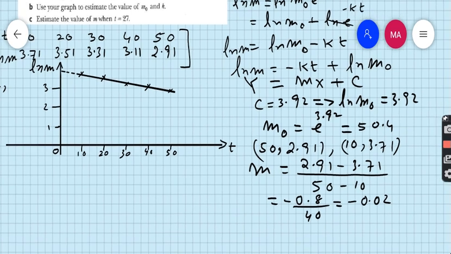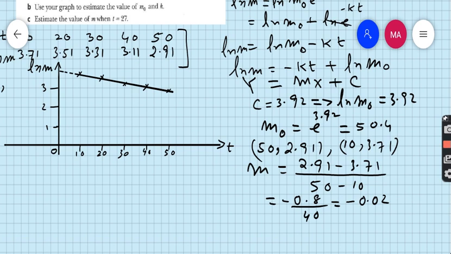And this m represents minus k, because if you compare this equation, ln m is equals to minus kt plus ln m naught, by comparison you have to see that m represents minus k. So m is minus k, and m is minus 0.02 is equals to minus k.